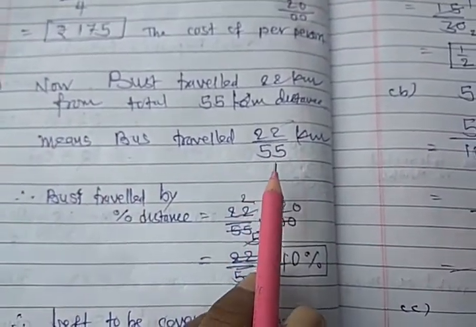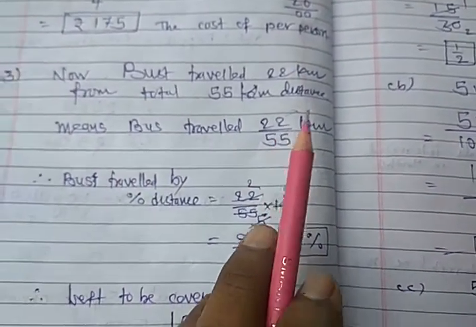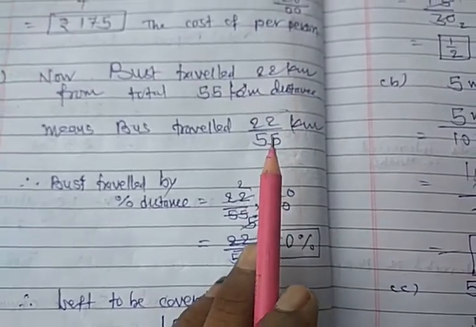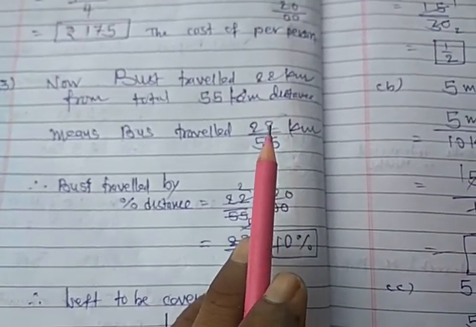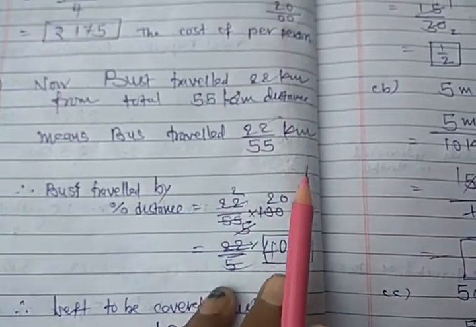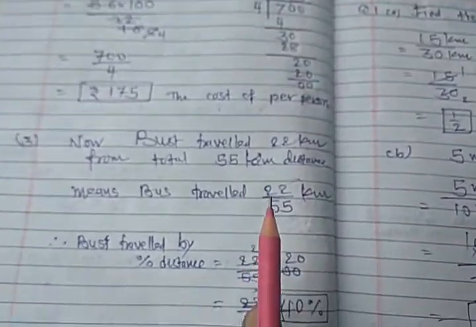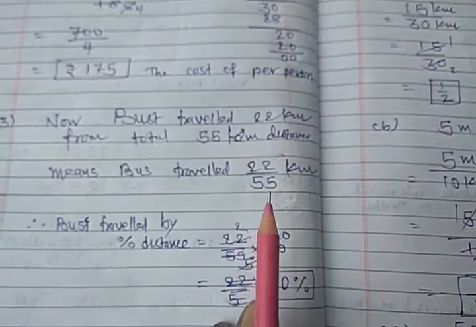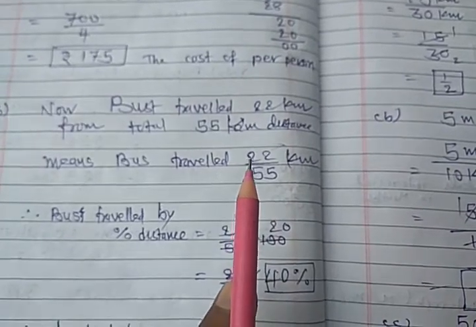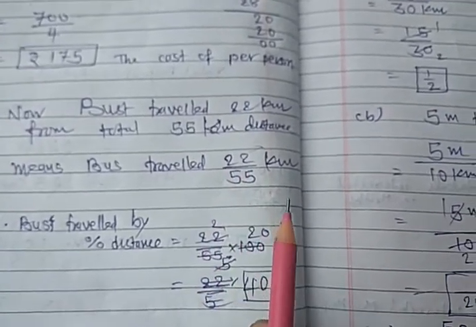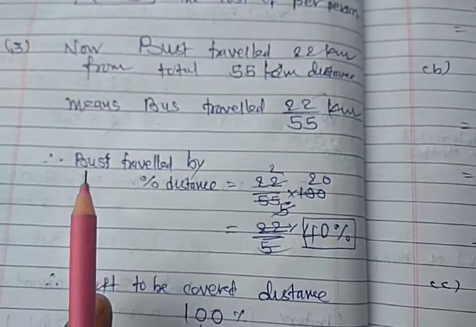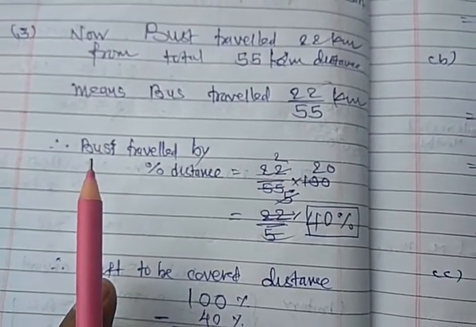22 upon 55. It is like this: suppose you scored 10 marks out of 20, then what are your marks? 10 out of 20. Similarly the bus travels 22 kilometers out of 55. So we write it this way, 22 upon 55 kilometer. Now we have to find the percentage of the distance.